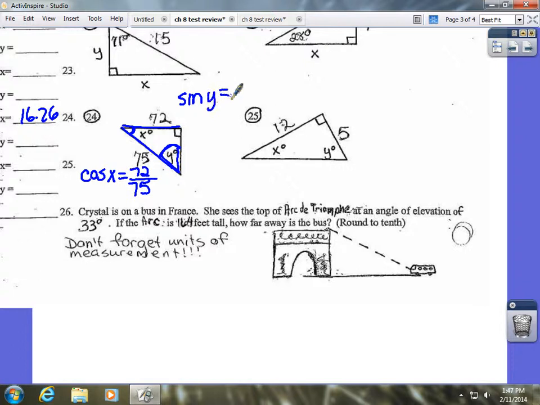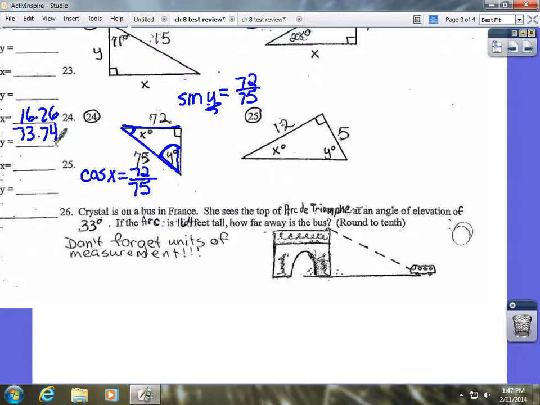Again, I'm missing my angle, so I'm going to do second sine 72 divided by 75 equals, and I get 73.73. Actually, that would round up to 74. And if you add those two together, you would get 90 degrees.